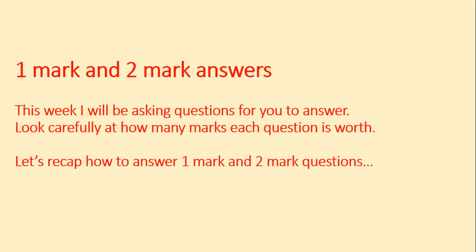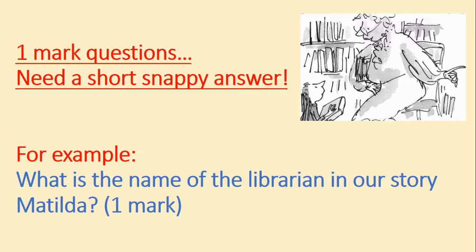This week, I will be asking questions for you to answer. Look carefully at how many marks each question is worth. Let's recap how to answer 1 and 2 mark questions, and you should remember this from your lessons in class. 1 mark questions need a short, snappy answer.